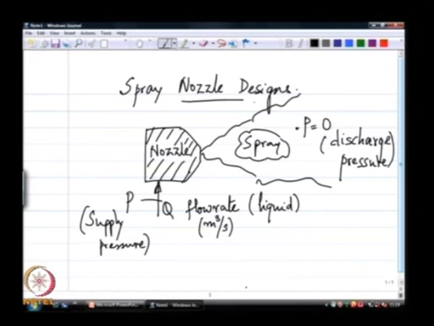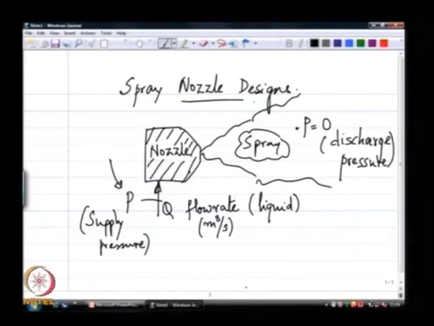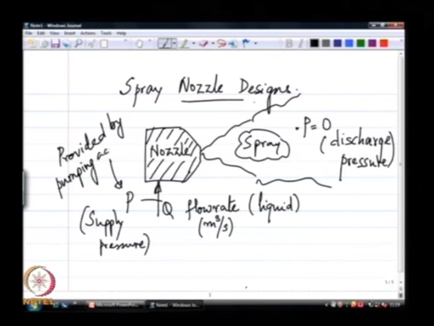This is the simplest example. In the case of a perfume spray, this pressure P is provided by some pumping action. Usually, in the case of a perfume spray, it is of course me depressing the plunger with my finger, that is a pumping action, and in the process I increase the pressure of the liquid, and that causes it to flow through my spray nozzle, and eventually I get a spray.